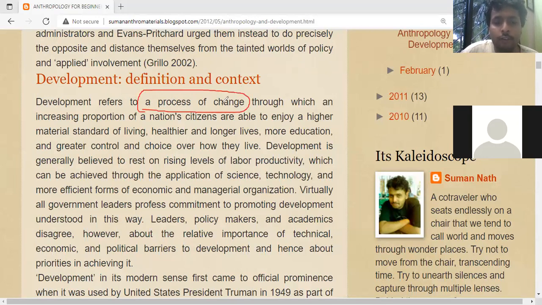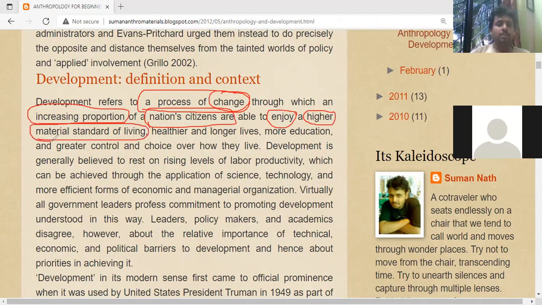Development is, first of all, a change through which an increasing proportion, this is another important point, increasing proportion of a nation's citizen, এখানে nation এর বক্তব্য আসছে, are able to enjoy, development is also enjoyment, a higher, another important word, higher material standard of living.